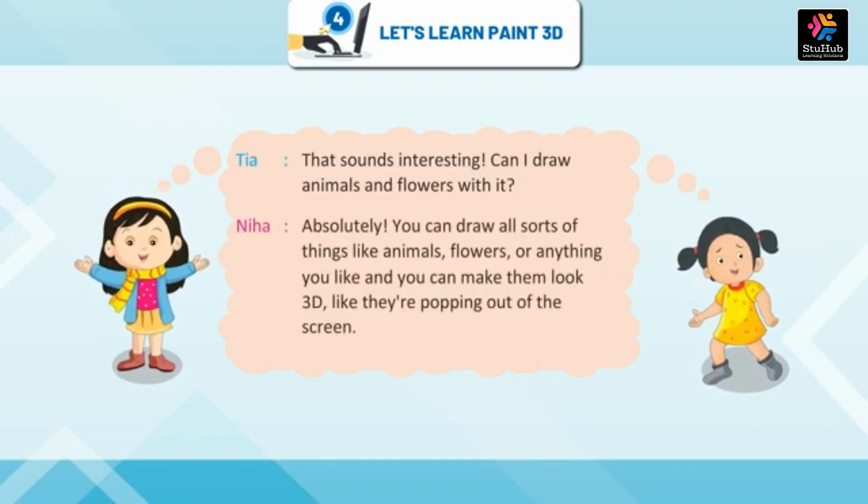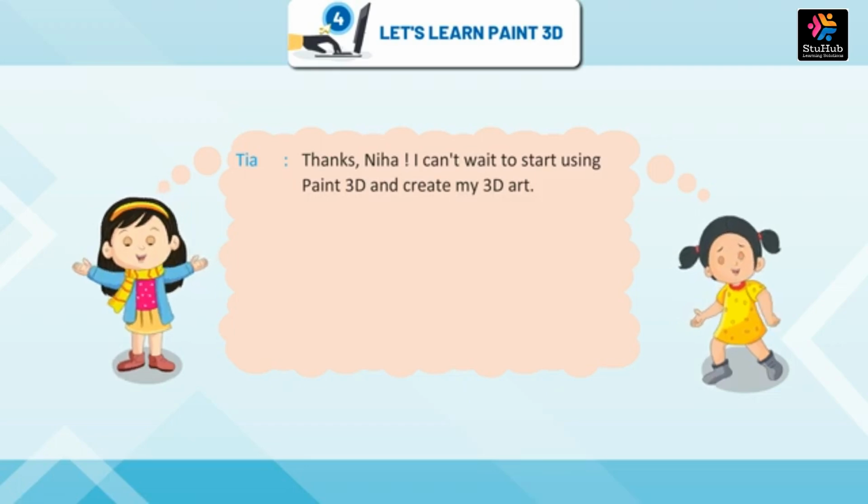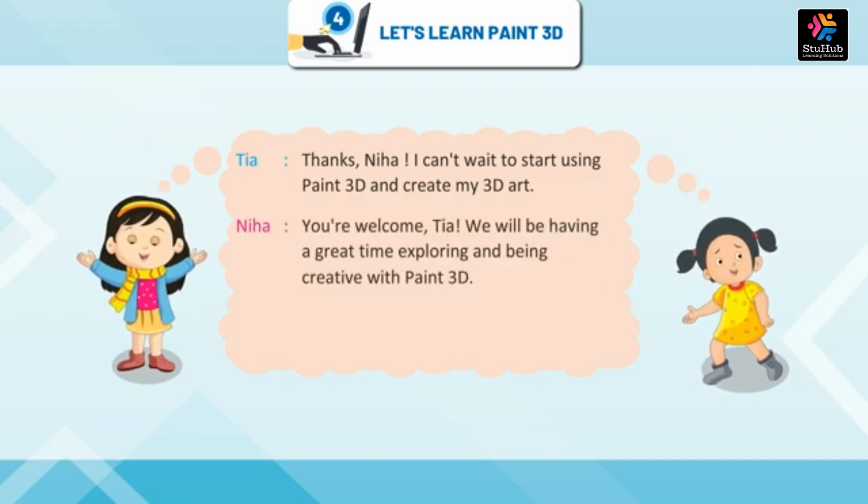Neha: Absolutely. You can draw all sorts of things like animals, flowers, or anything you like, and you can make them look 3D, like they're popping out of the screen. Tia: Thanks, Neha. I can't wait to start using Paint 3D and create my 3D art. Neha: You're welcome, Tia. We will be having a great time exploring and being creative with Paint 3D.